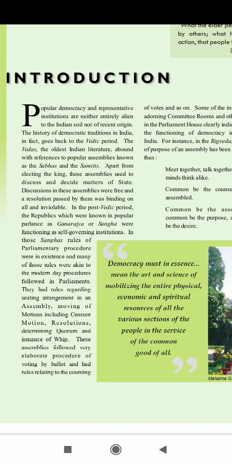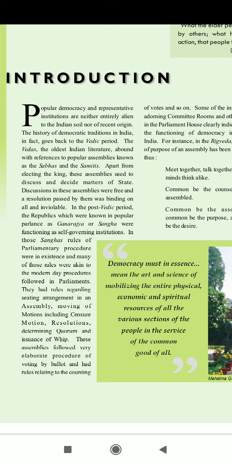In those sanghas, rules of parliamentary procedure were in existence, and many of those rules were akin to the modern day's procedure followed in parliaments. They had rules regarding sitting arrangement in assembly, moving of motions including censure motion, resolutions, determining quorum, and issuance of whip.